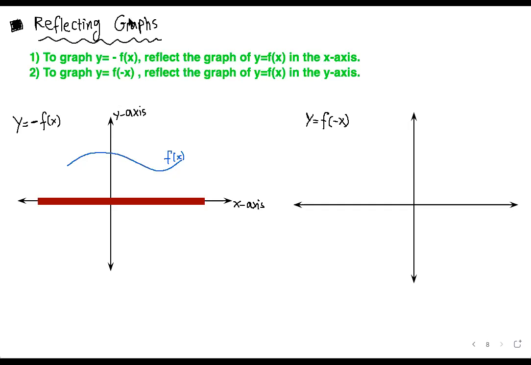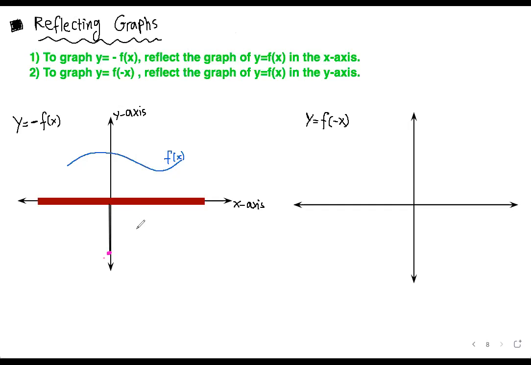So this means the distance from this point to this point must be the same. So the distance from here, this point and this point, the new point will be around here. So this point will be here. This point will be reflected to this point.